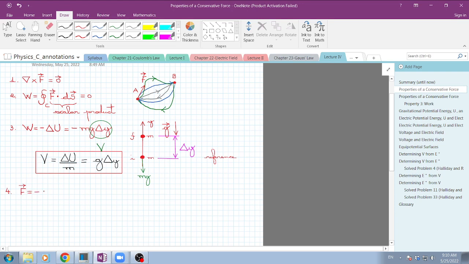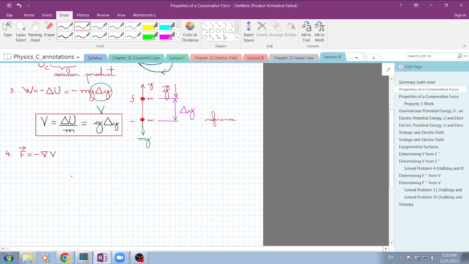We can write this as minus the gradient of the potential. And as you recall, the gradient here, these are partial derivatives, and this is a vector, right?